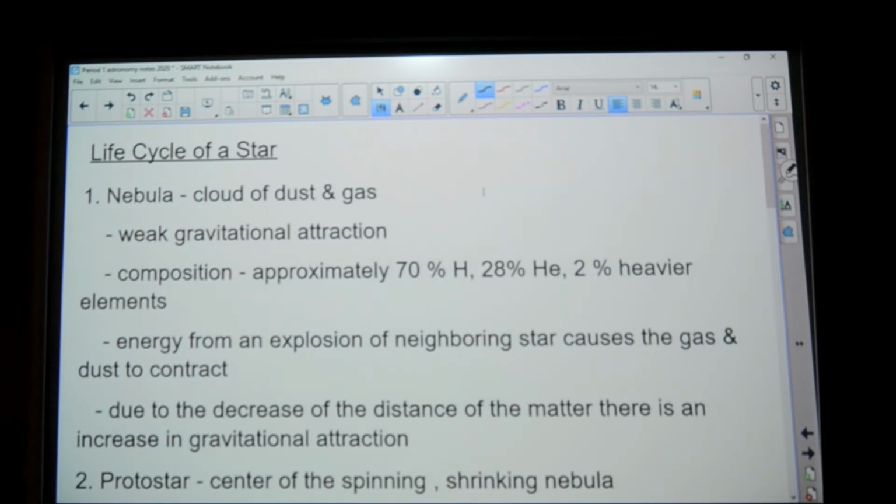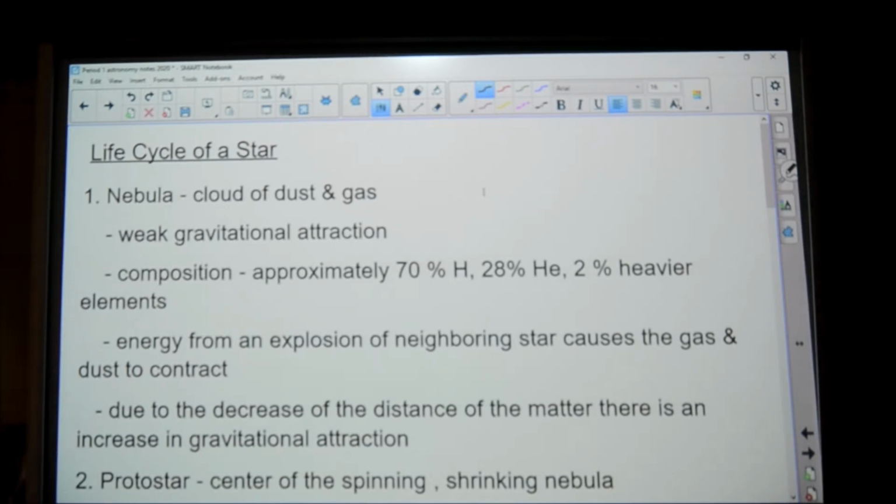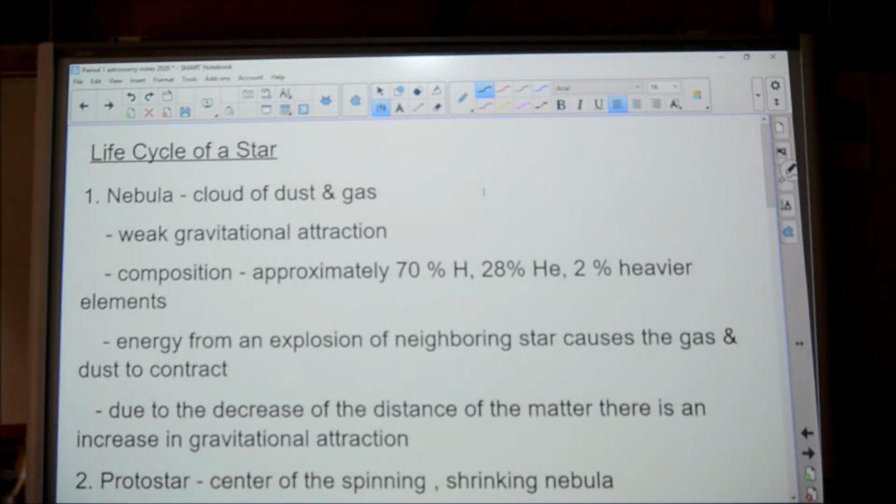Now, it has a neighboring star that explodes. That energy actually causes a greater gravitational attraction between that cloud of dust and gas. With that, those things get closer together. Closer together, the greater the gravitational attraction.